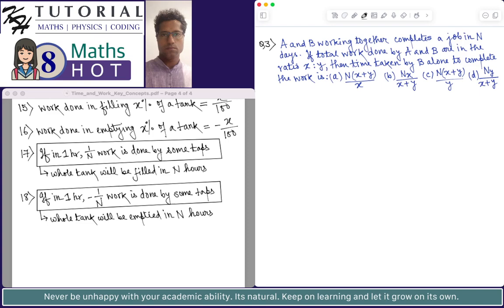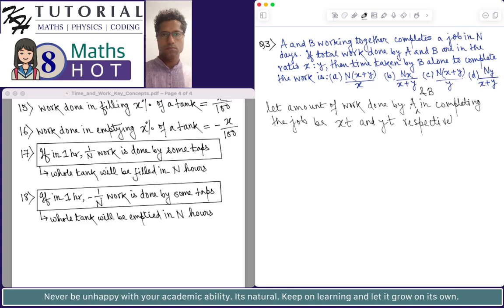Now let the amount of work done by A and B in completing the job, the ratio being x is to y, be xt and yt respectively, where t is some variable we need to find.